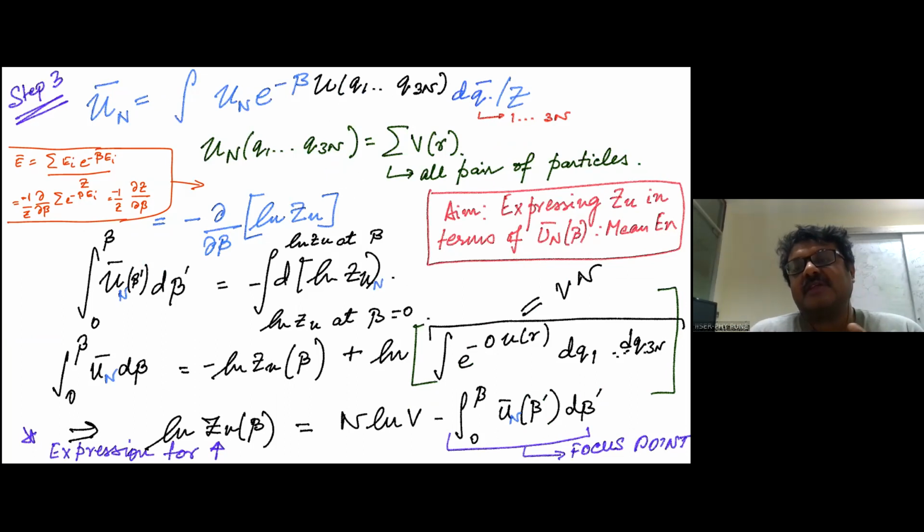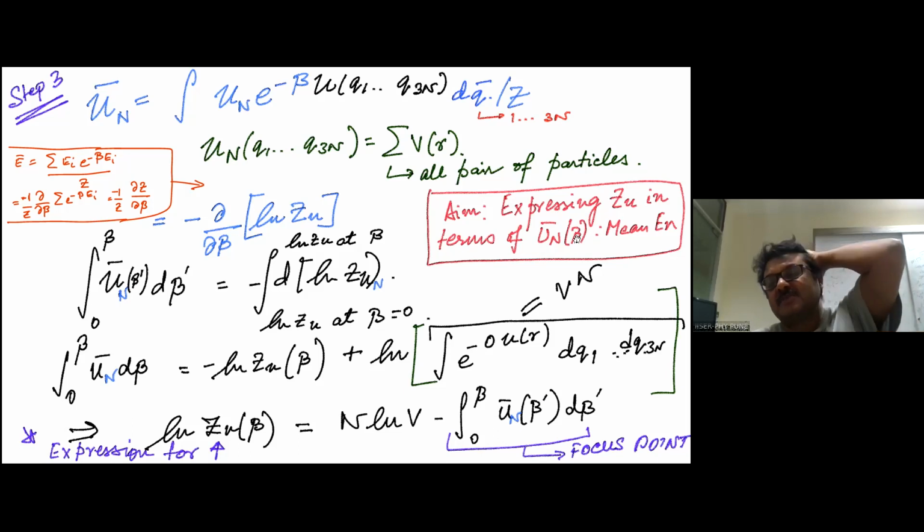Thereafter, we're going to see whether we can take some mean field approximation and write a simple expression, simplifying even this calculation of mean energy. So our next step is to express ZU in terms of the mean energy of the system.